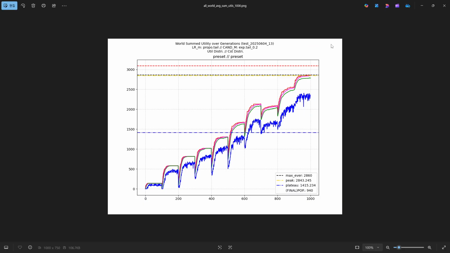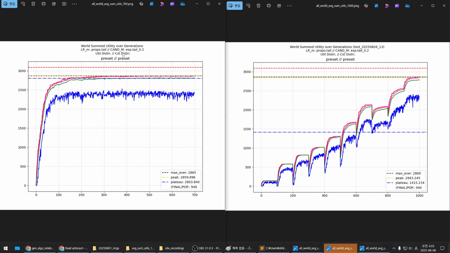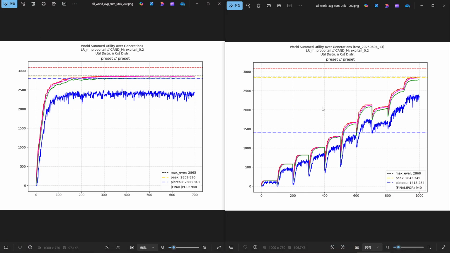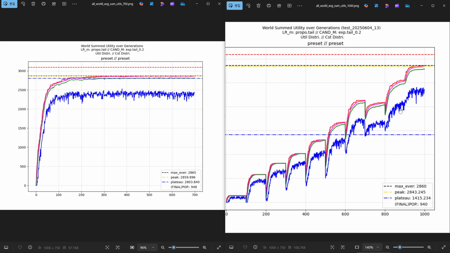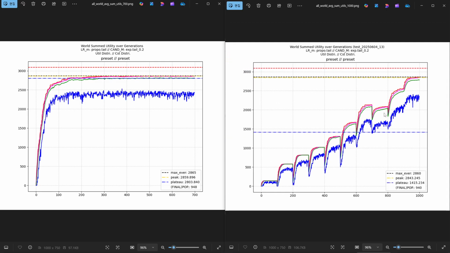So I'm wondering if I can achieve convergence, if I can get the entities to converge, if I can achieve the true ceiling given 200 to 300 generations using dynamic population rather than doing things in one go.